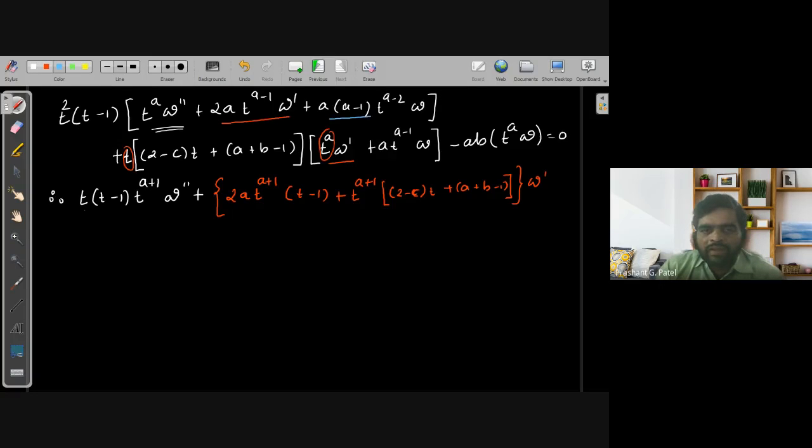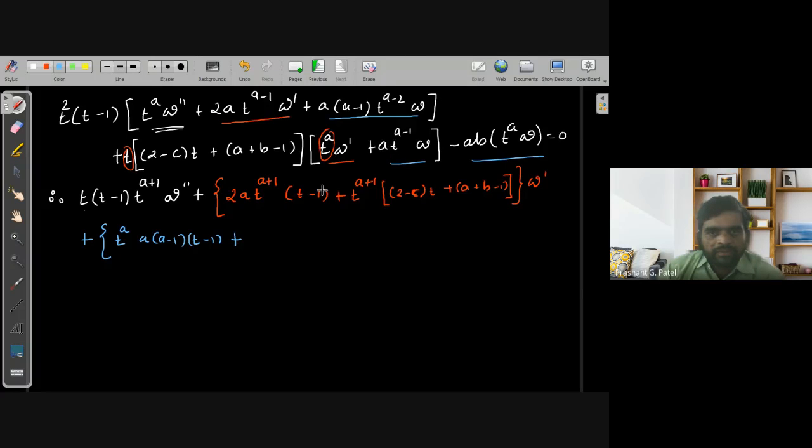Now the last term is of w. So w is at three places. This t square is multiplied by t power a minus 2, so this t square gives t power a. So finally what we have is t power a into a into a minus 1 into t minus 1. So this is the coefficient we have.